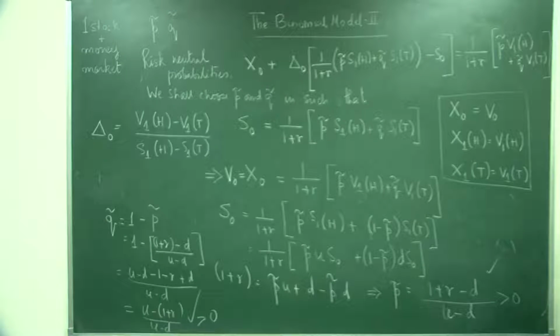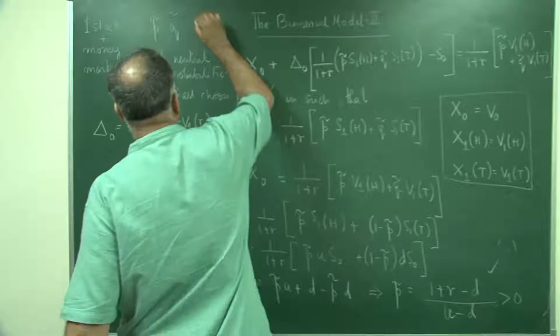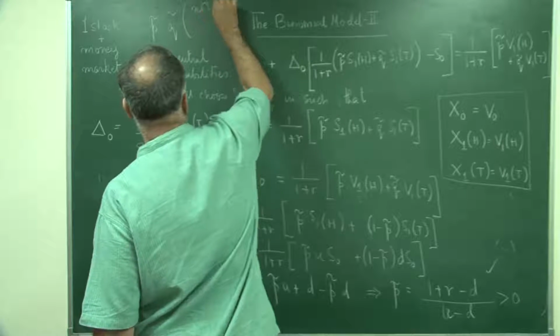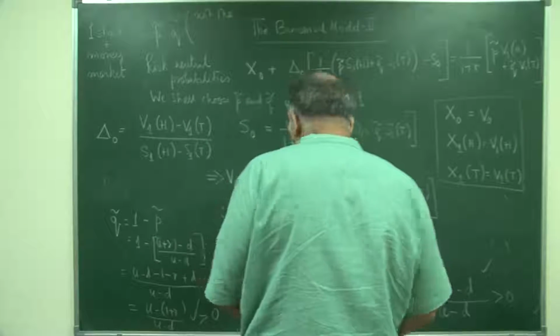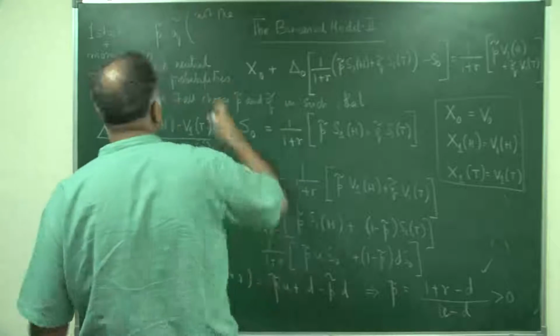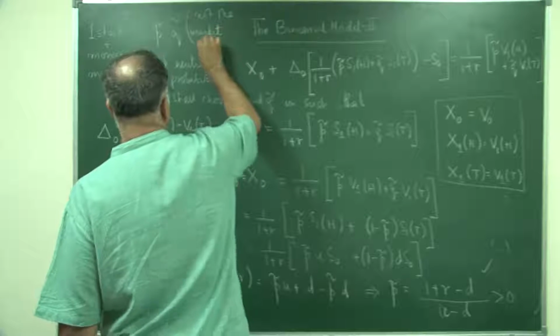What is the reason? They are not the market probability. I would like to remind you that these are not the market probability, which is p and q, where p is the probability of head coming and q is the probability of tail coming, which is 1 minus p.